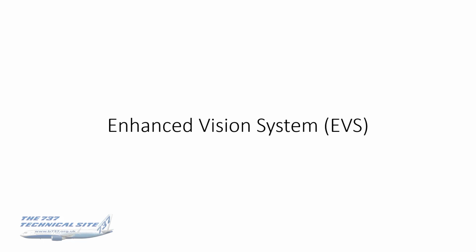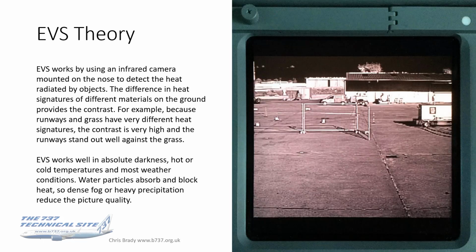Okay, now the next big development was EVS, Enhanced Vision System, and this is a really sexy feature to add on to HUDs. So before I get on to what it really looks like, I need to explain this image.